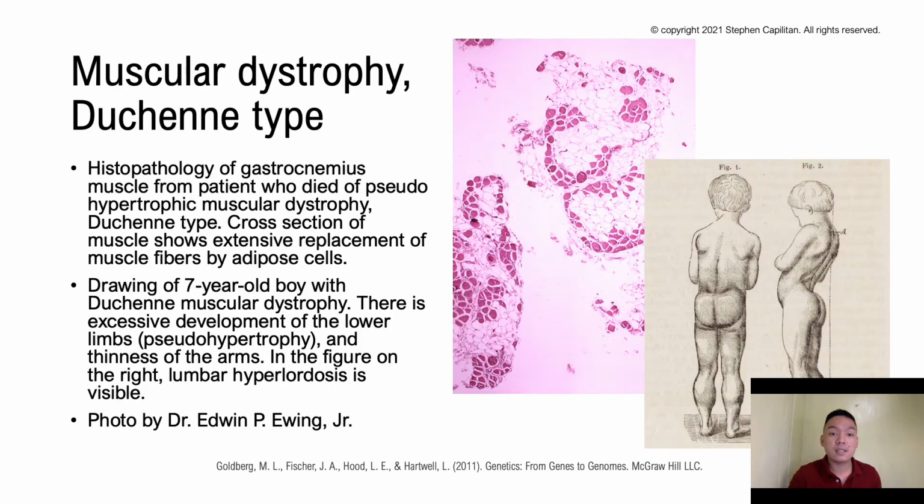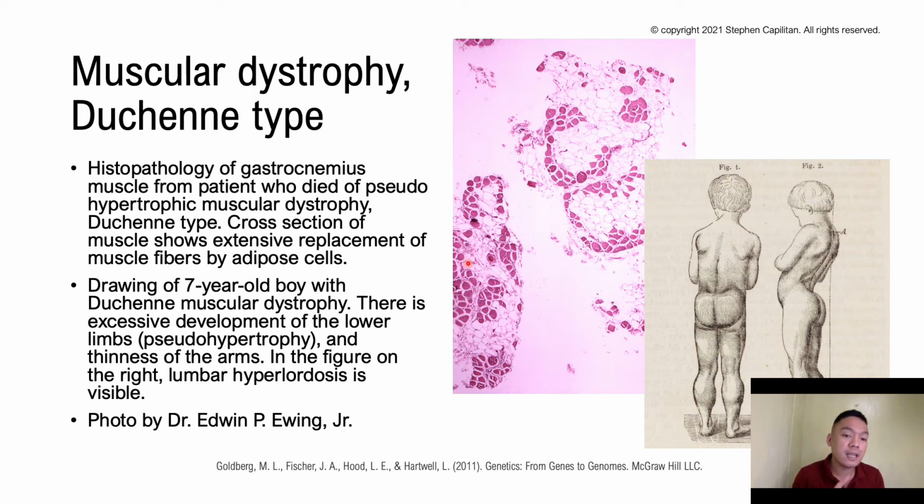Let's talk about muscular dystrophy, the type. This photo on your left is the histopathology of gastrocnemius muscle from a patient who died of pseudohypertrophic muscular dystrophy, Duchenne type. We see a cross-section here where the muscle shows extensive replacement of muscle fibers by adipose cells.